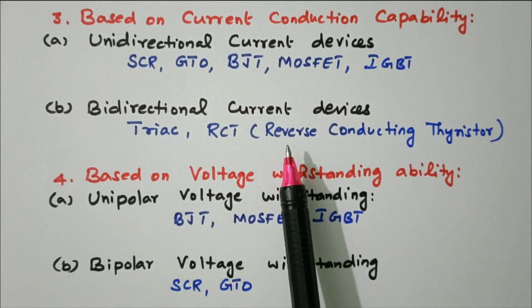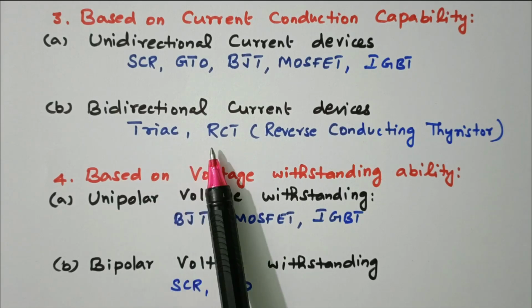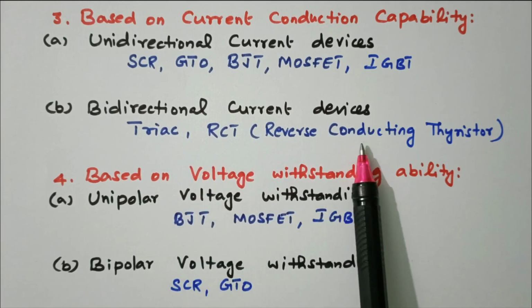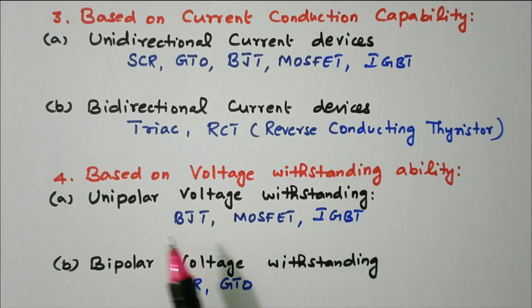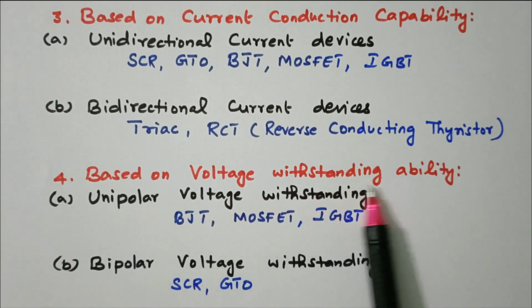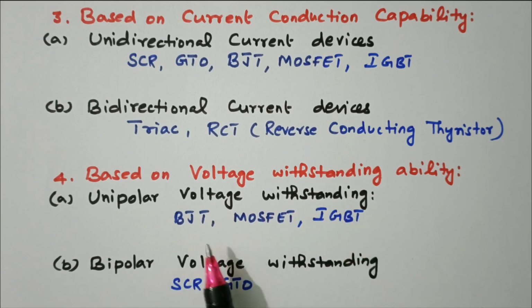Bidirectional current devices: TRIAC, we already discussed, TRIAC is bidirectional. And RCT also, reverse conducting thyristor. So this is based on the conduction. Based on voltage withstanding ability. Unipolar voltage withstanding: BJT, MOSFET, IGBT. Bipolar voltage withstanding: SCR and GTO.